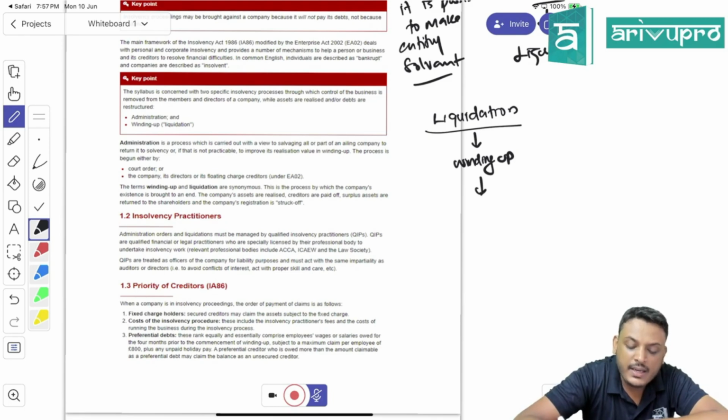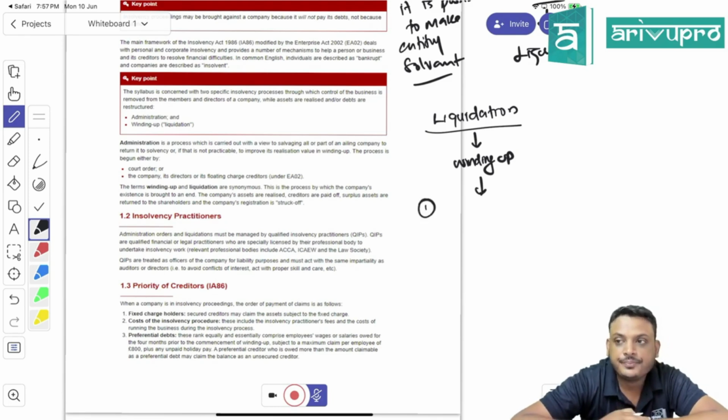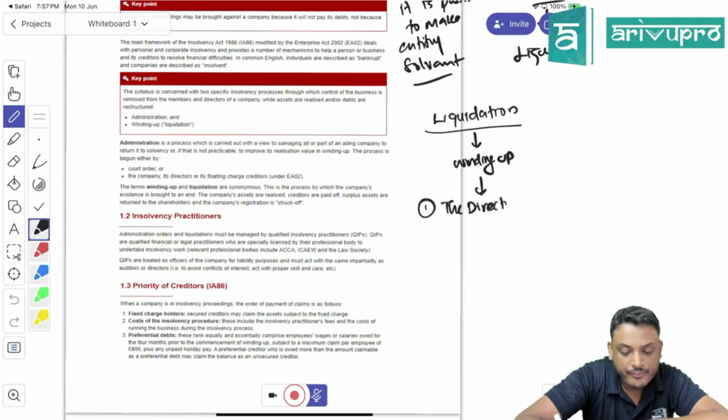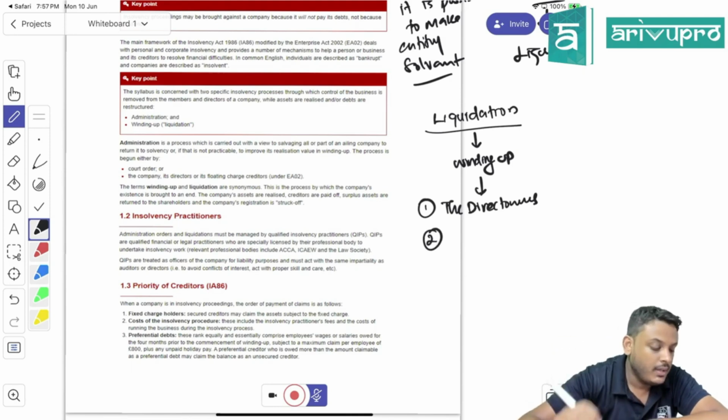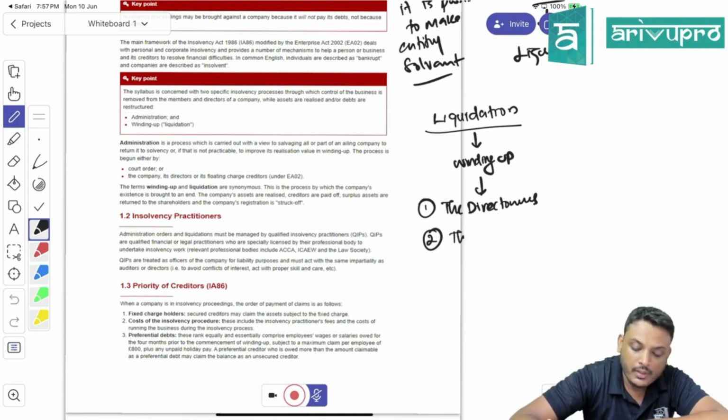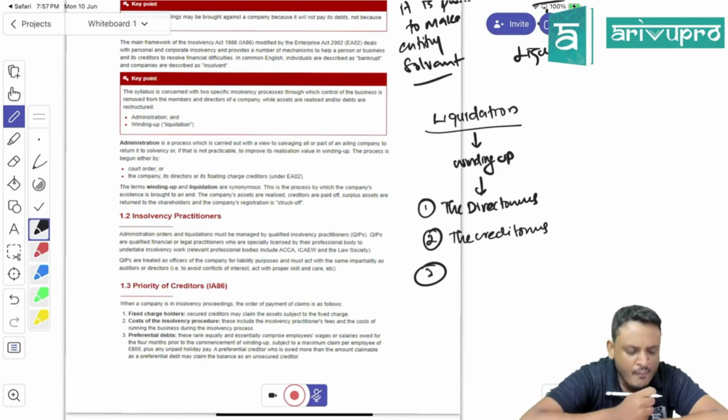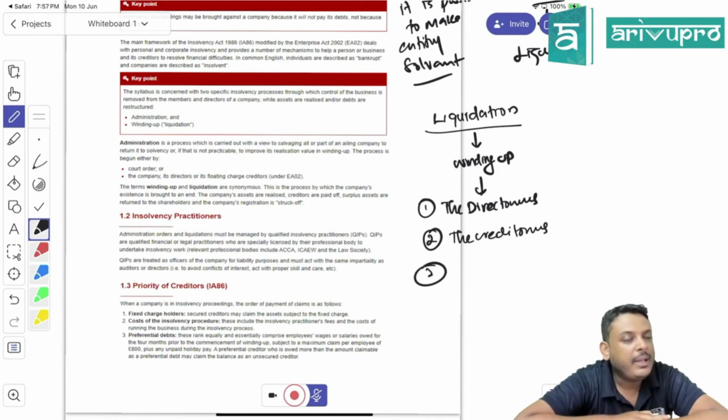This decision is taken by, number one, the directors. Number two, the creditors. Sometimes what happens is you keep on giving reasons without making the payment to your creditors.